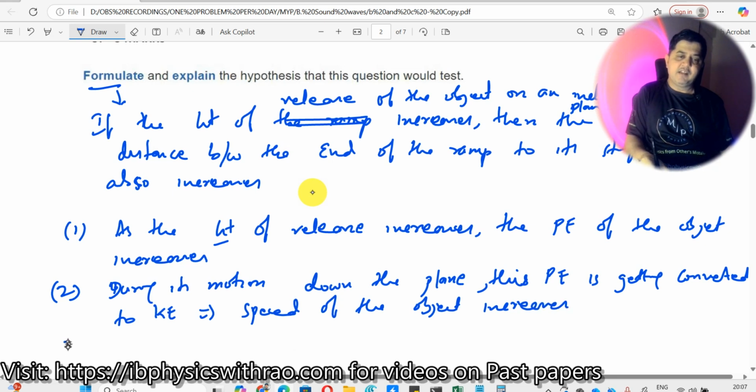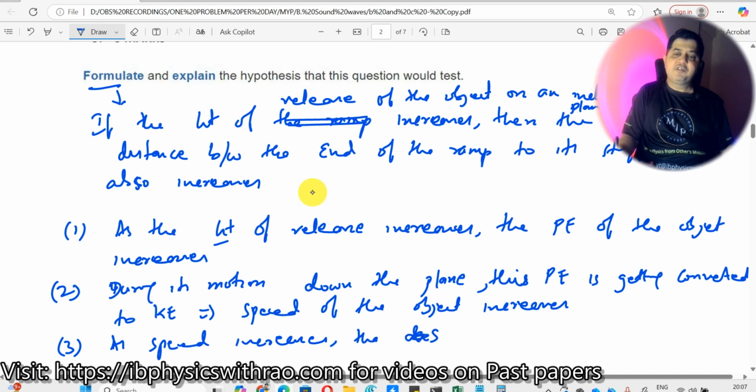Third point, as speed increases, the stopping distance also increases.